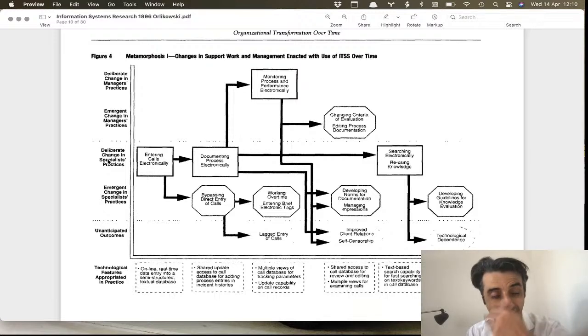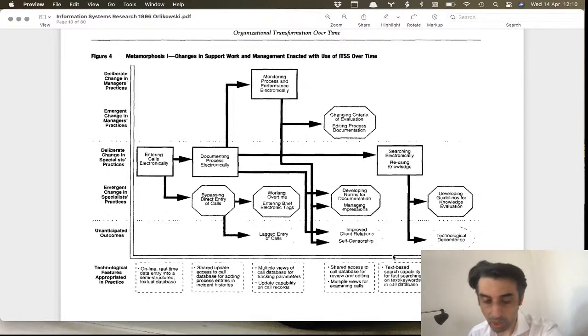So if you read in line here, you can see the changes in specialist practices. And you see the deliberate changes and the emergent changes. Here you see it in management practices. Here you can see the features of technology that are appropriated for each of these practices. And here you see the outcomes. And then, you see the flow. So what is leading to what in this process.